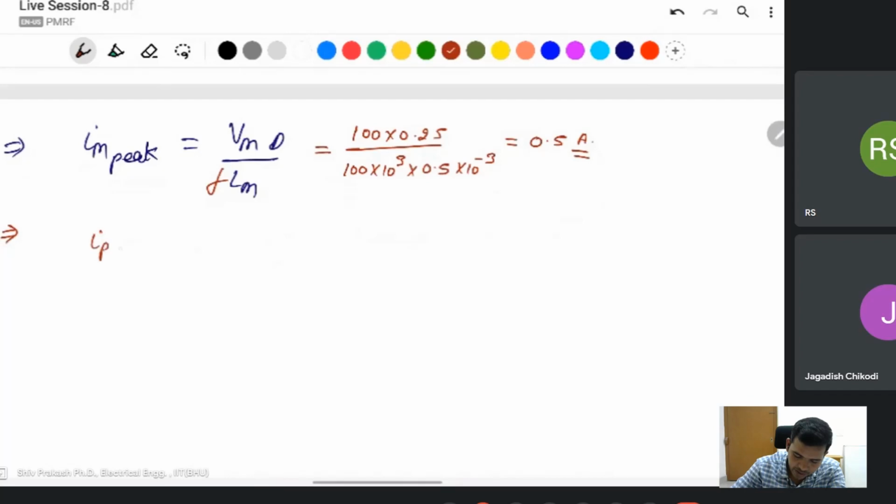Then the primary peak current IP is equal to N into IL peak plus IM peak.